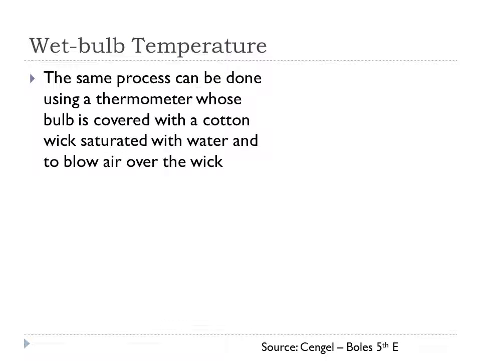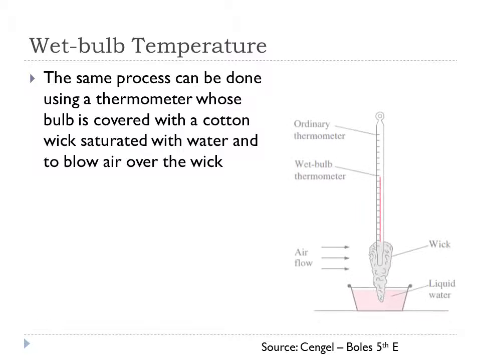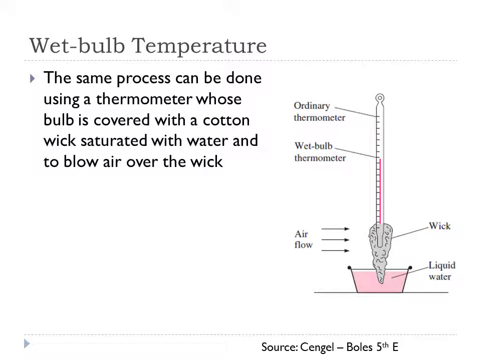The same process can be done using an ordinary thermometer, whose bulb is covered with a cotton wick, and this cotton wick is saturated with water, and the air for which we want to measure the wet bulb temperature is blown over this wick as shown in this figure.